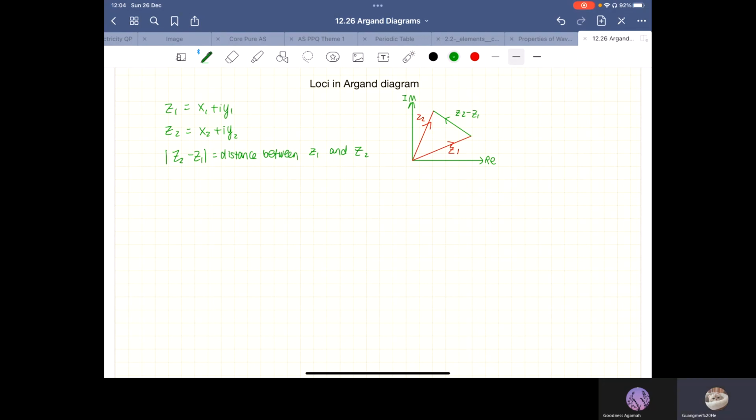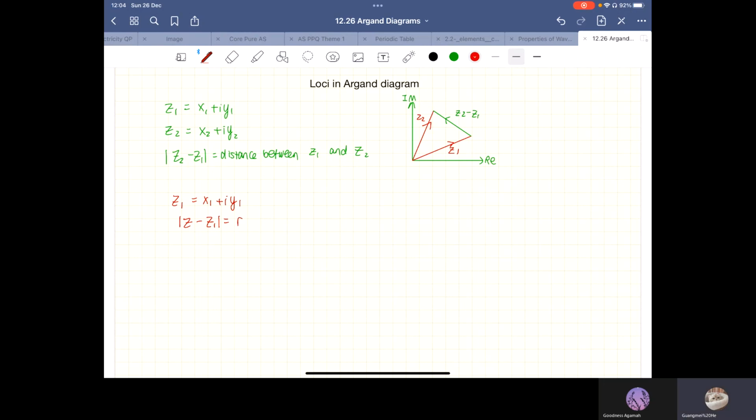One more thing you need to know is z1 is equal to x1 plus iy1. The locus of the point z on the Argand diagram is such that the modulus of z minus z1 is equal to r.